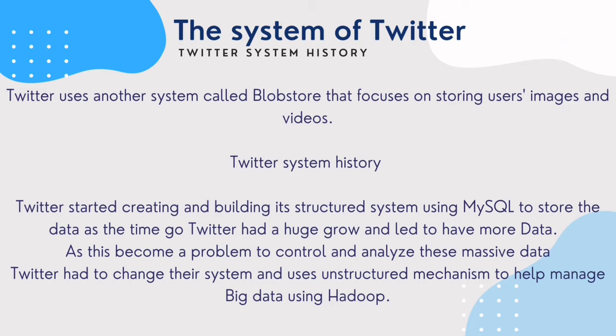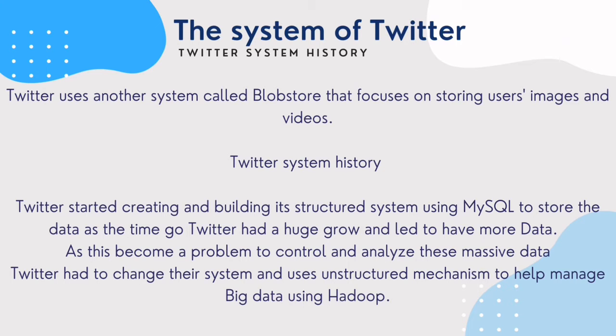Twitter started as an application that lets the users share their interests and ideas and more through this app. In the beginning, Twitter started creating and building a structured system using MySQL to store the data. Twitter users did grow over time and had more data to store and to handle. That led to a problem controlling and analyzing this massive data.